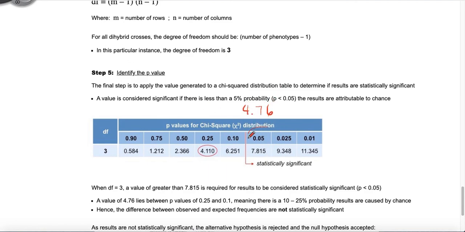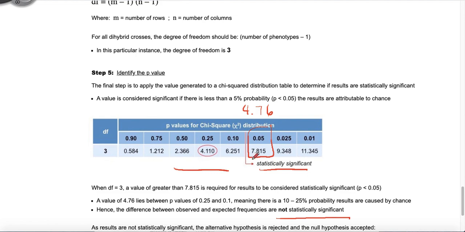4.76, right? If we look at this distribution right here, 4.76 is less than our value for a probability of 0.05. So what can we say? Are my results statistically significant, or are they not statistically significant? So 4.76 is not statistically significant, right?